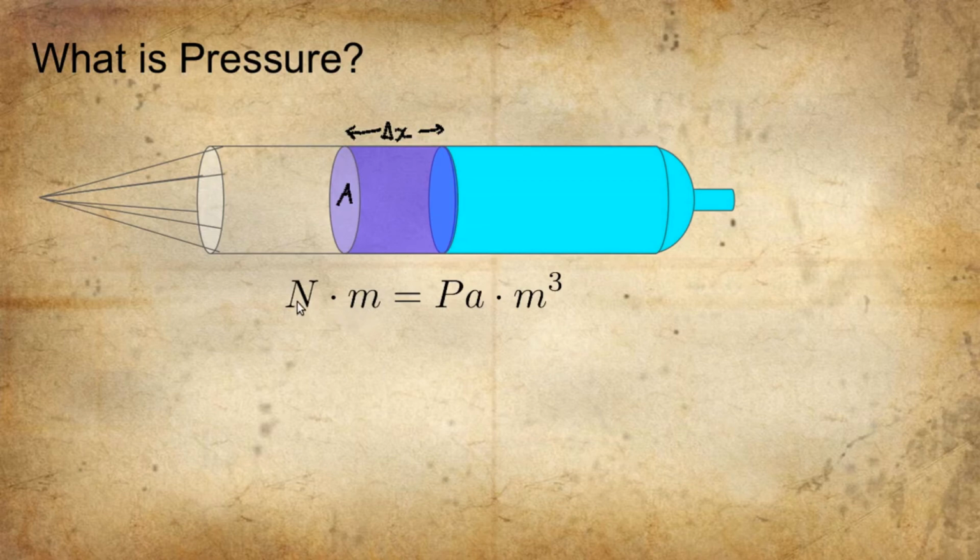But let's break it down a little bit further. I know a Newton is force, and force is equal to ma, we can remember. So that's kilograms times meters per second squared. Let's write that out. So a kilogram meter per second squared is a Newton, and we're multiplying by meters. That's a Pascal meter cubed.